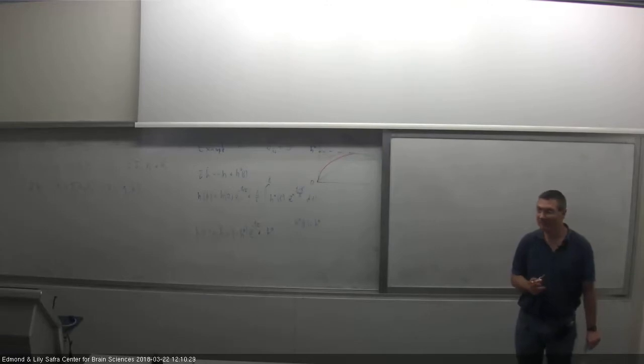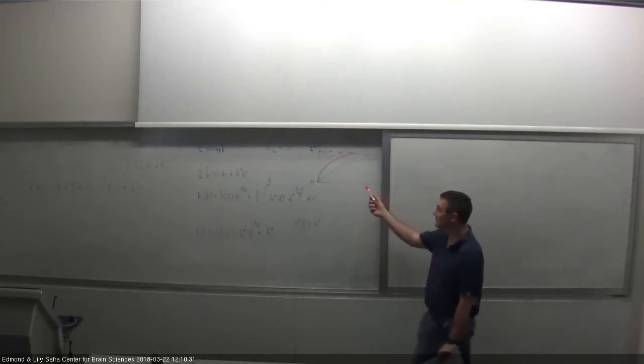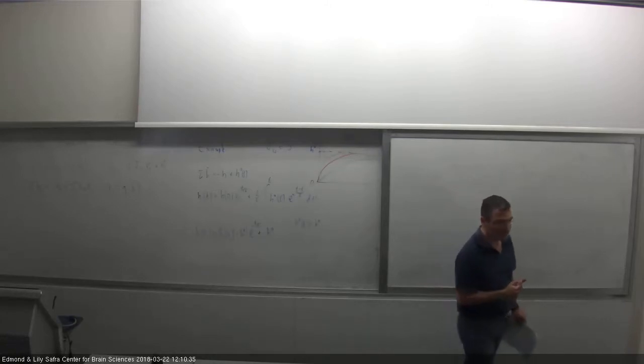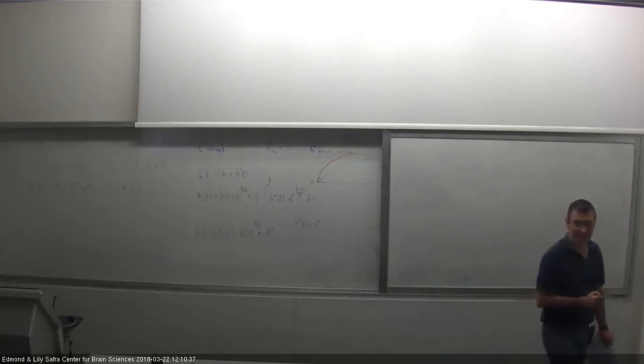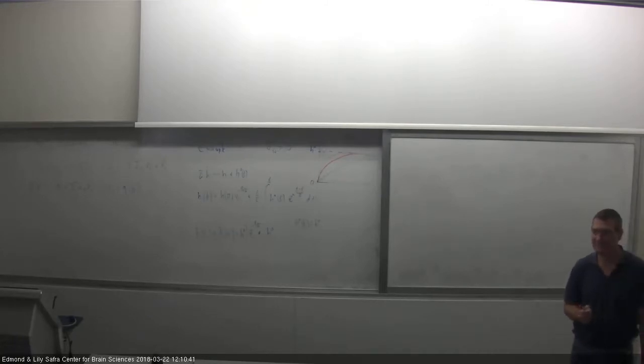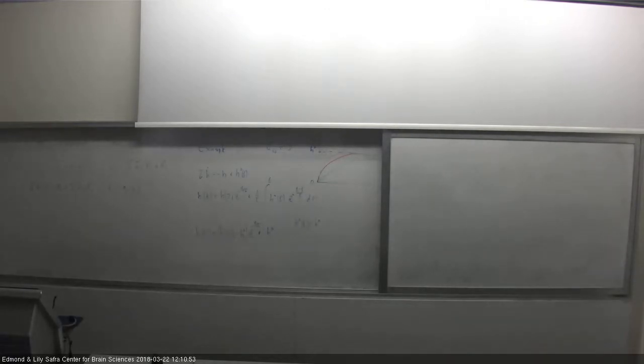It's no longer influenced by the history after several tens of milliseconds. Nevertheless, we are able to process things in timescales that are much longer. So what's the solution? How will the network solve this problem?